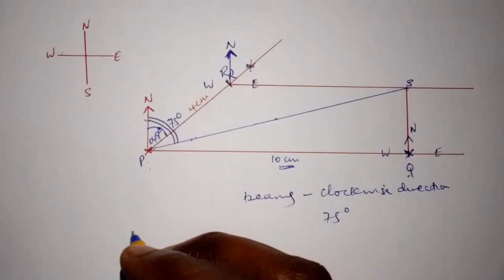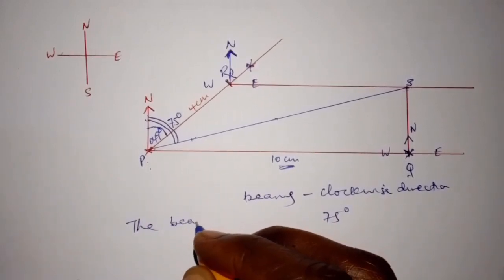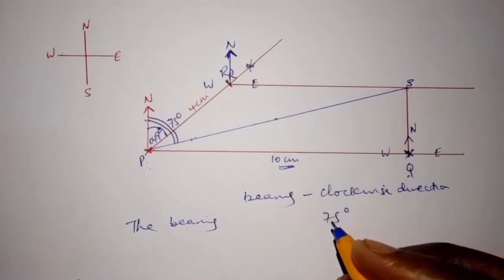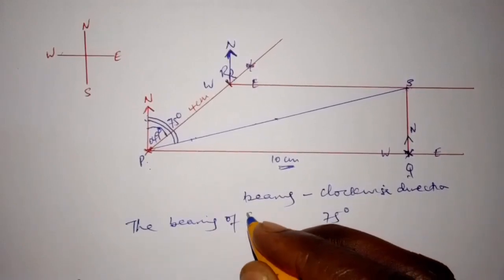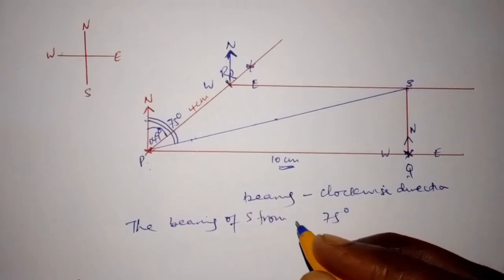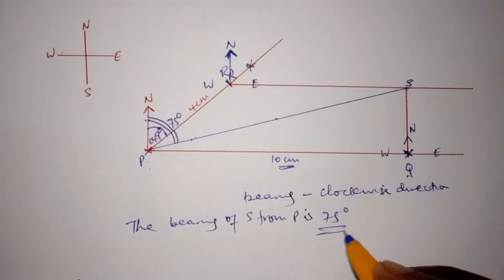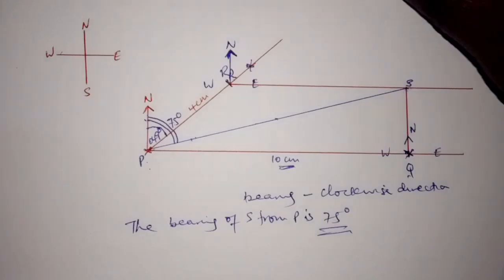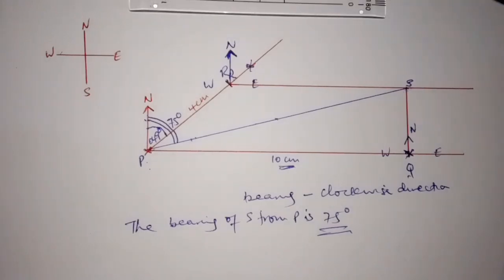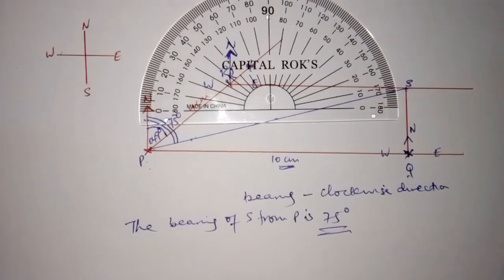So you can say that the bearing of S from P is 75 degrees.